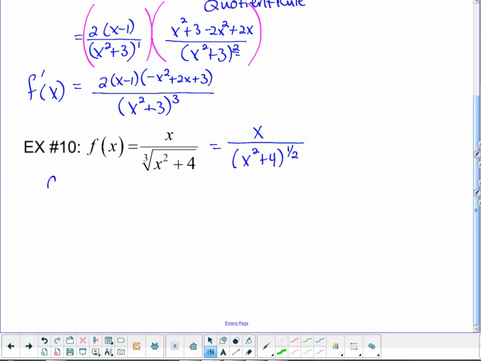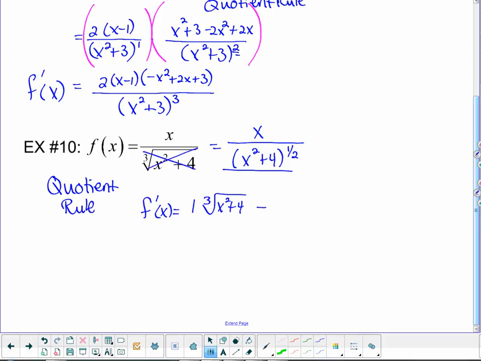And we are just going to proceed with our good old quotient rule, which becomes f prime of x equals derivative of the top, which is 1, multiplied by the bottom, cube root x squared plus 4. Subtract derivative of the bottom. Okay, I don't want to look here. I want to look over here where we rewrote it.